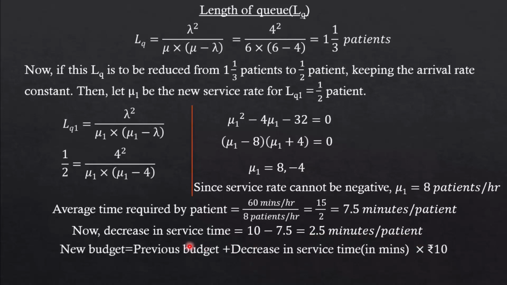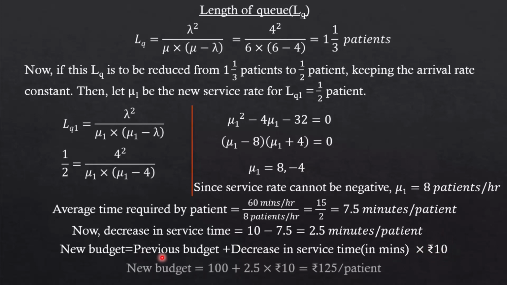And now let us calculate the new budget for the clinic, which is equal to the previous budget plus the decrease in service time in minutes multiplied by rupees 10, because we know that each minute of decrease in service time will increase the cost by rupees 10.